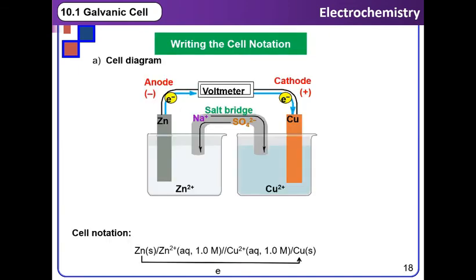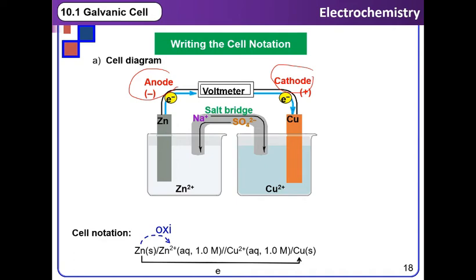Okay, kita lihat macam mana cara kita nak buat cell notation. Okay, kita ada kat sini galvanic cell diagram. Now kita tengok anode, cathode. Bila kita nak tulis cell notation, anode ataupun oxidation process berlaku, kita tulis di sebelah kiri, manakala cathode di sebelah kanan.